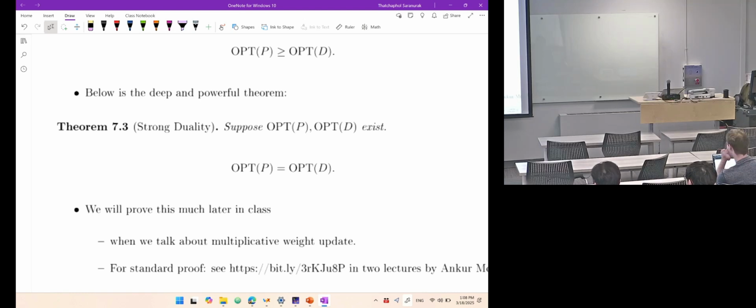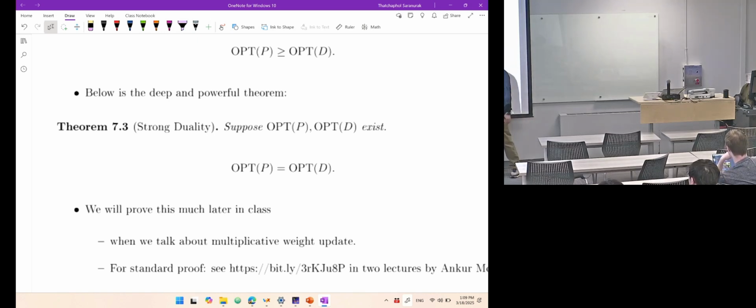This is supposed to be quite a big deal actually. It's not clear, but it's true. We're going to see why it's true when we learn about this algorithm, which is one of the coolest algorithms. We're going to talk about it soon. It appears in economics, it appears in ML, it appears in biology, it appears in algorithm design.